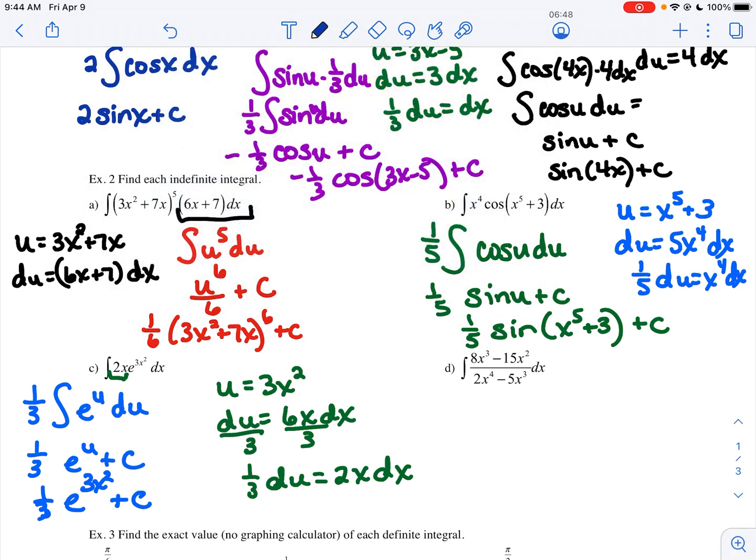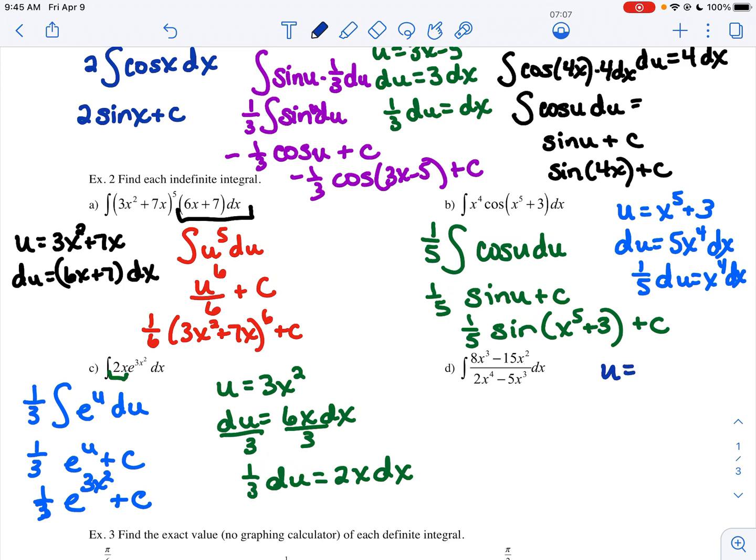All right, in letter D. Okay, so what I mentioned before is u is typically the inside. Well, do you see I don't have an inside on this one? I have a numerator and a denominator. Well, if I tried to let the numerator be u and I did the derivative, I can't get the bottom.